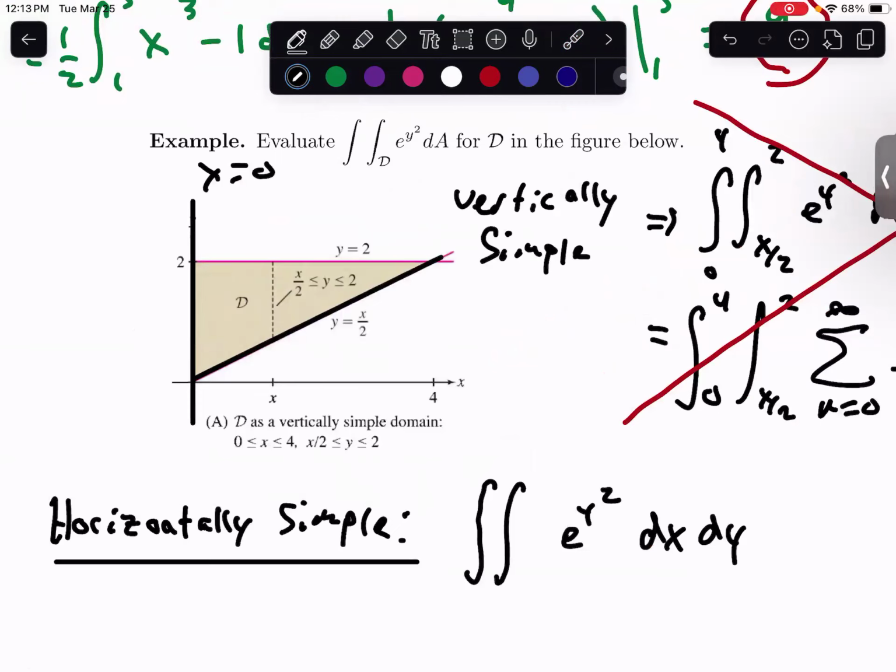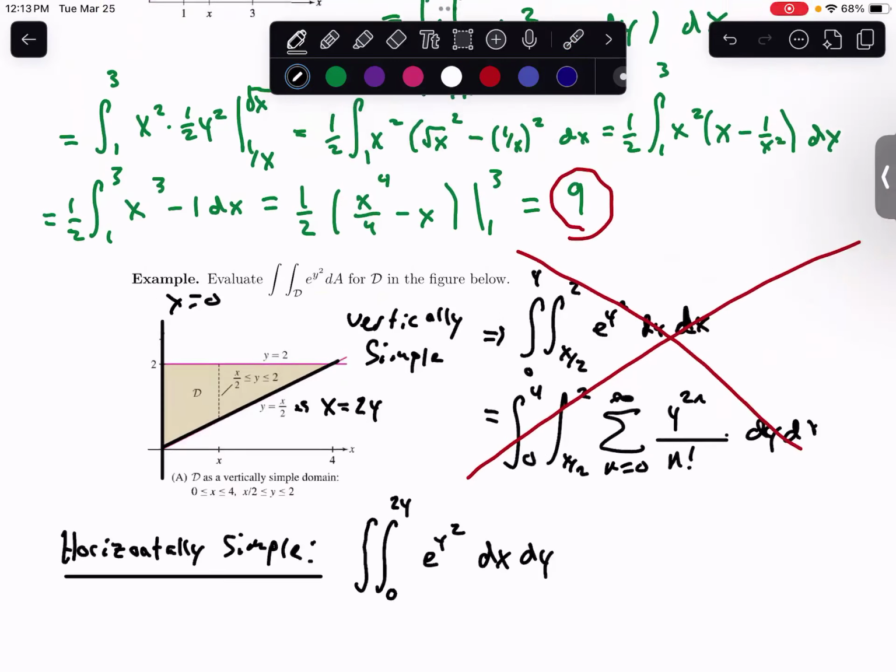We want our function to be in terms of y, so we want to solve for x here. You just multiply both sides by 2 to get x equals 2y. So the lower bound with respect to x is given by 0, and the upper bound with respect to x is given by x equals 2y.